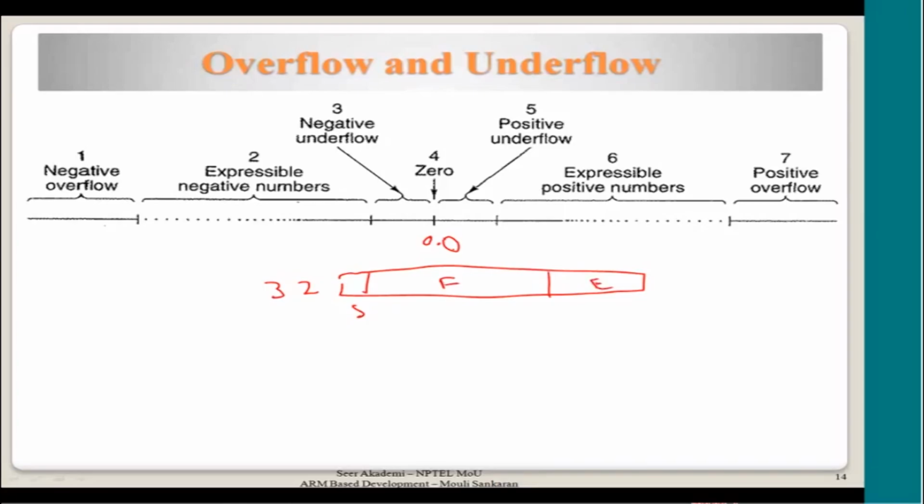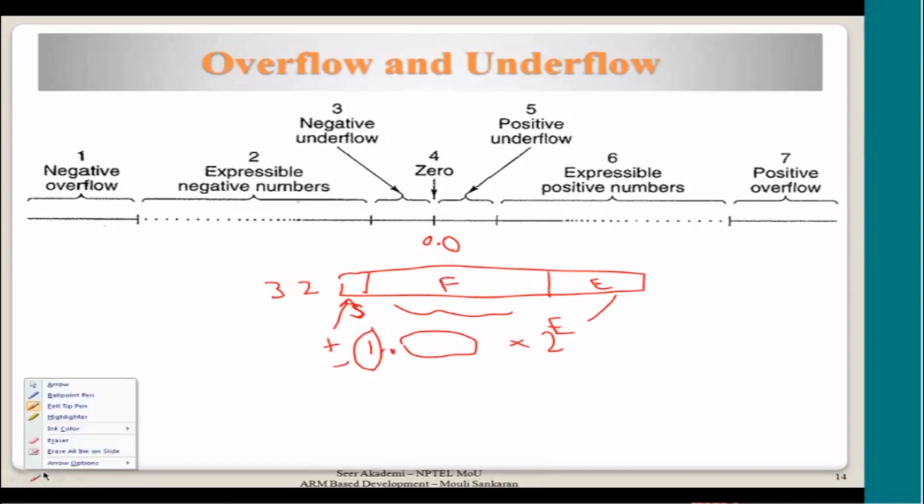Please don't lock onto this. I am just showing a generic notation. I have not yet shown you the IEEE 754 notation, but I gave you an example that whatever comes in the fractional part will be here, into 2 power some exponent part will be here. This much I explained to you, and this one is not stored as part of this, and this plus or minus is given here.